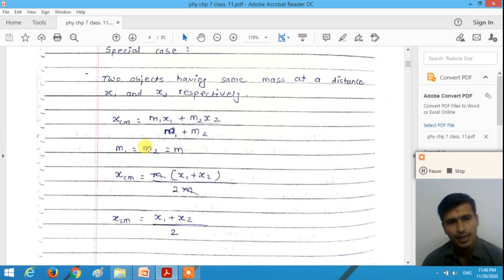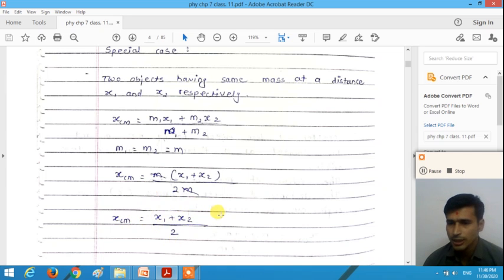So we take m1 equals m2 equals m, right? So xcm equals m times x1 plus m times x2. We take m common: m times (x1 plus x2) divided by m plus m, that is 2m. Cancel out m. Xcm, the center of mass of the two objects having the same mass, is at x1 plus x2 divided by 2.